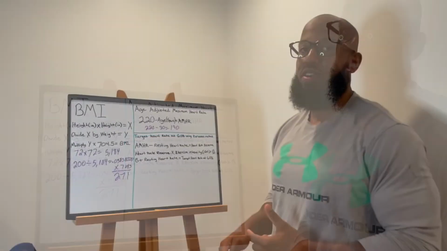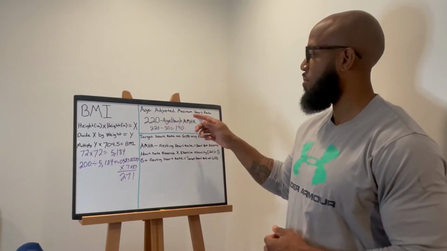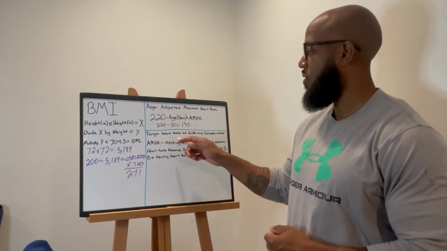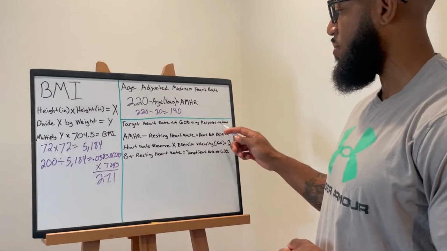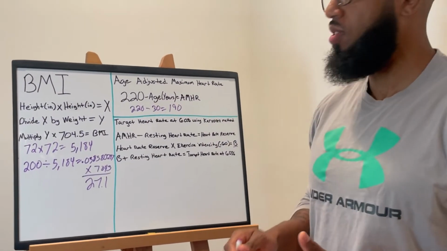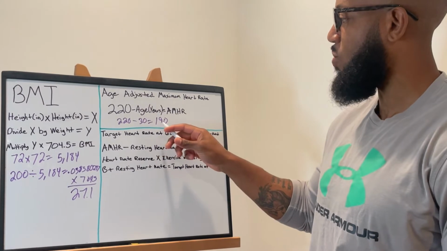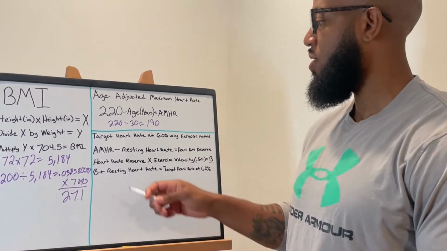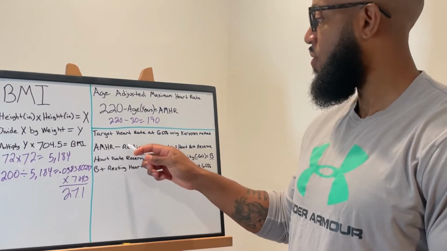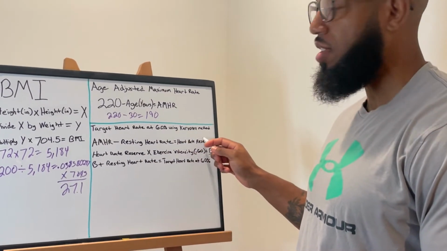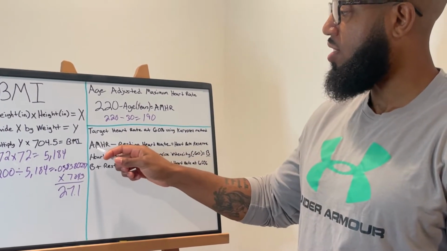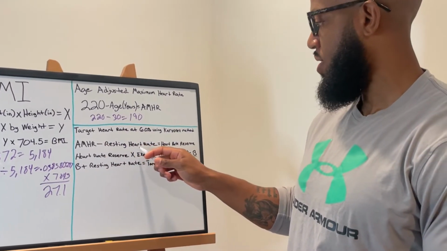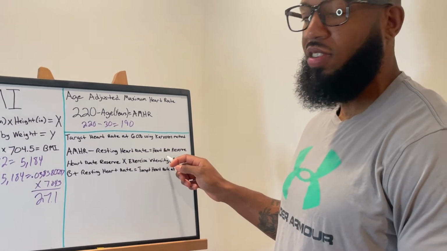All right, so now that we know how to calculate our age-adjusted maximum heart rate, we're going to calculate our target heart rate at 60% using the Kevorkian method. So we already know that our age-adjusted maximum heart rate is 190. And I'm also going to use myself for this scenario. The formula for the target heart rate at 60% using the Kevorkian method, we're going to take our age-adjusted maximum heart rate and we're going to subtract that by our resting heart rate, and that's going to give us our heart rate reserve.